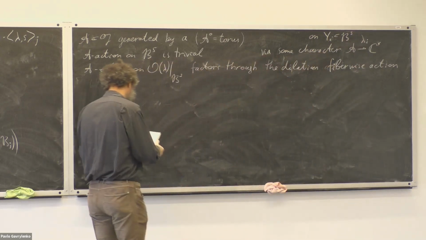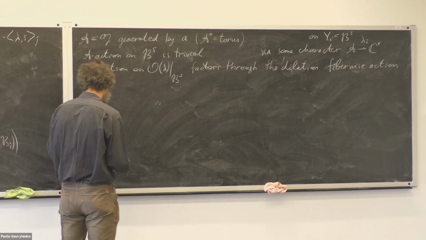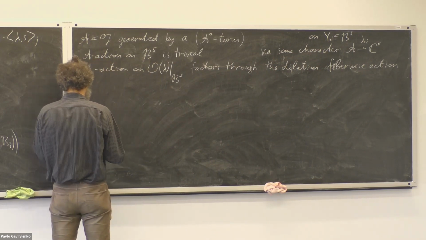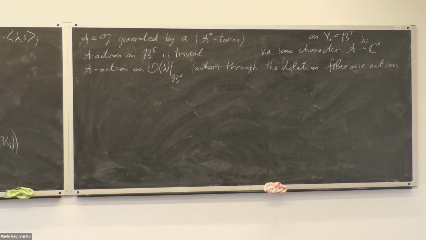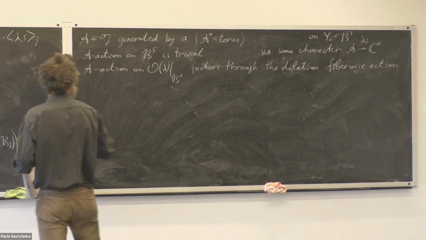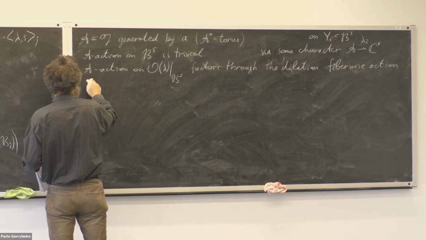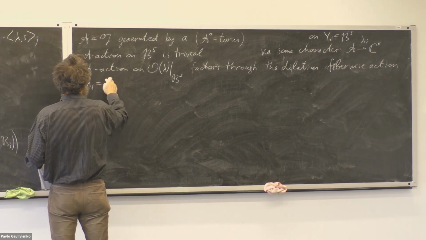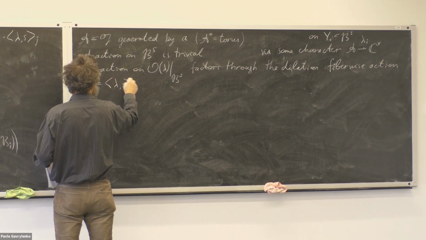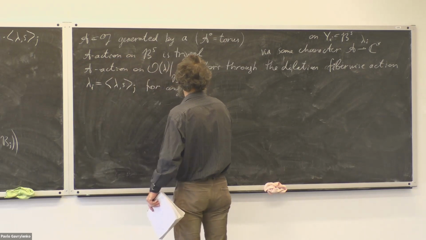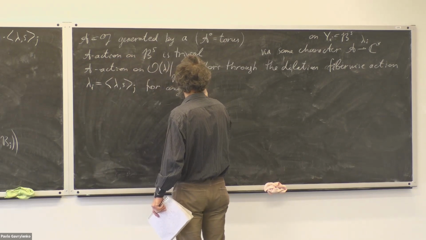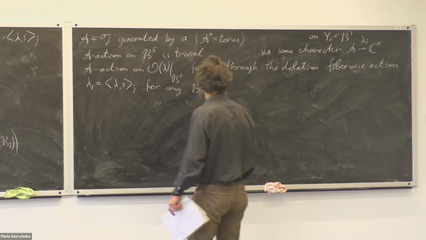Okay, and then I claim that this lambda i is just this pairing, for any component B_j inside Y_i.